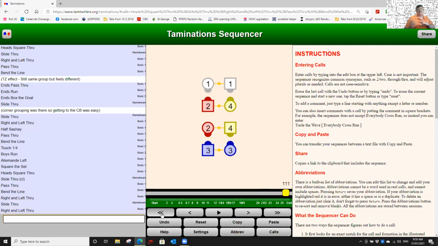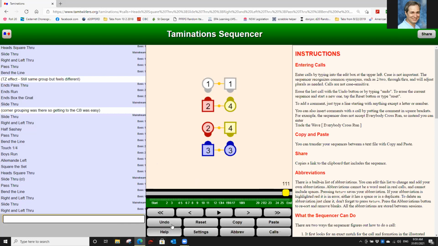You've still got the same invert and rotate. It's just a matter of recognizing that. Or if you remember how it tied in with Bob Elling's presentation last week, instead of doing the chicken plucker right and left through, dive through, pass through, you can just do the pass through trade by. Those corner groupings will move you from that right hand group to the left hand group and how you want to trade them back and forth. Once you start moving them and seeing them, it'll become a lot easier.